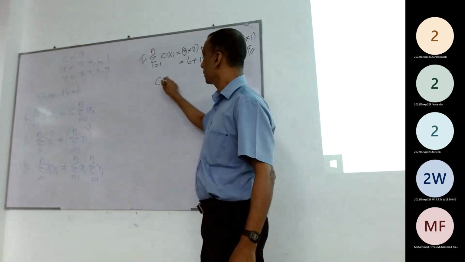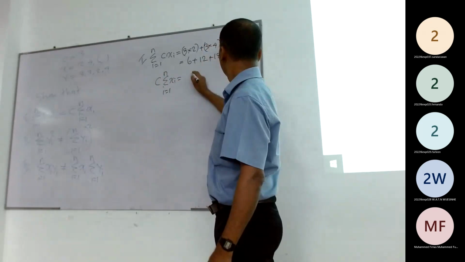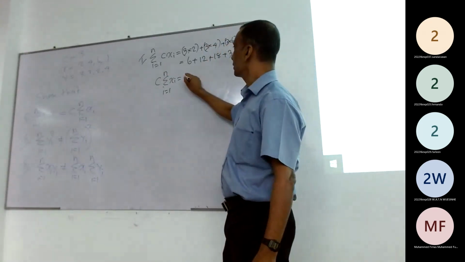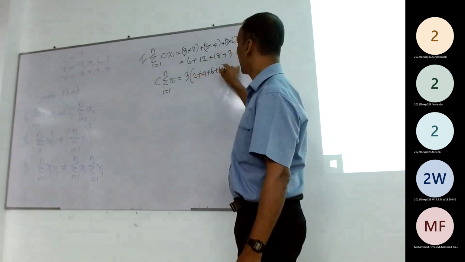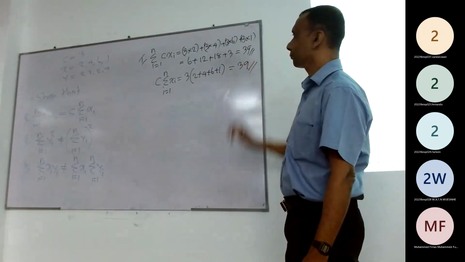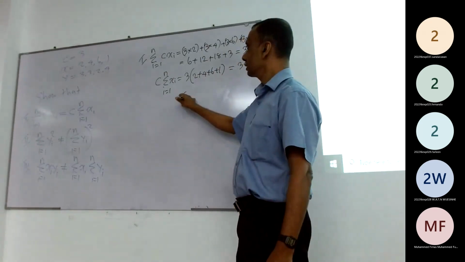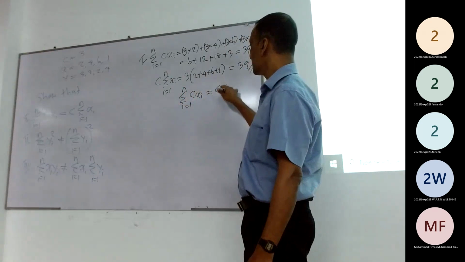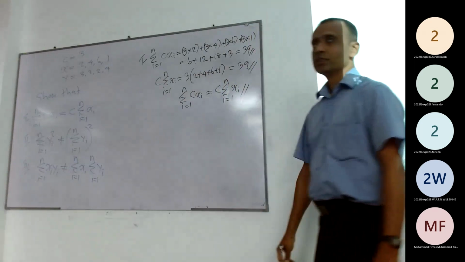Then C sigma i equals 1 to n xi. Here C is constant 3 multiplied by 2 plus 4 plus 6 plus 1, 6, 10, 12, 13 into 3, 39. Then you can say sigma i equals 1 to n cxi equals c sigma i equals 1 to n xi. 39 equals 39.